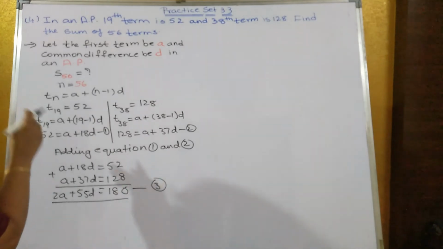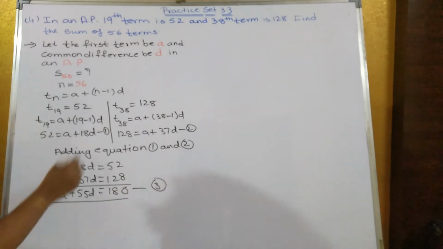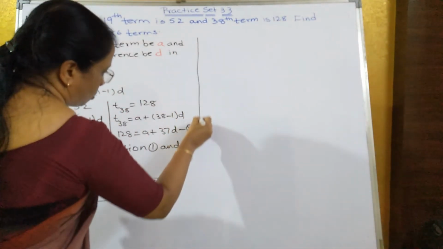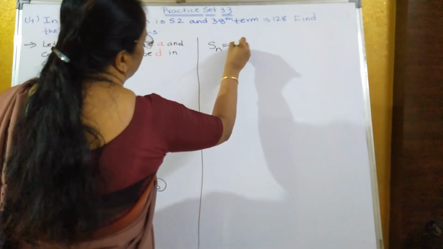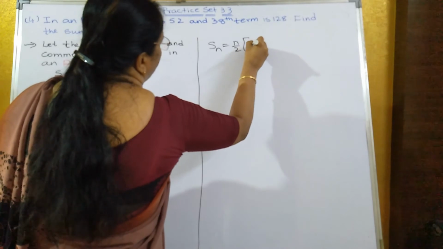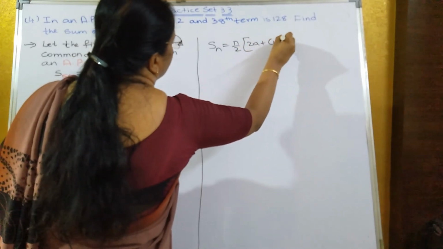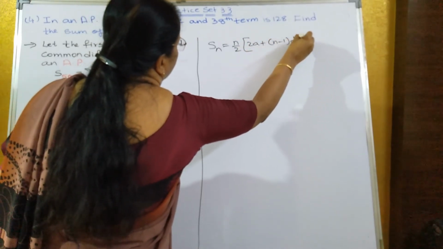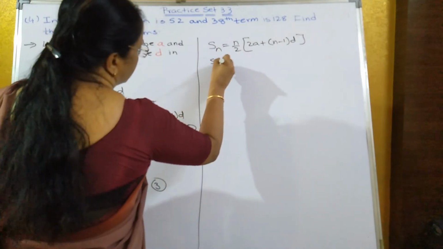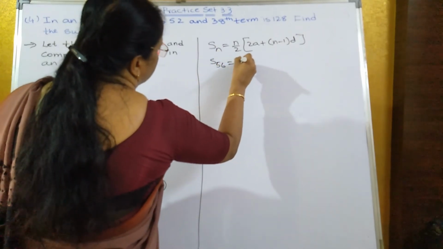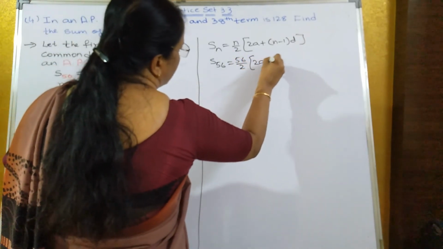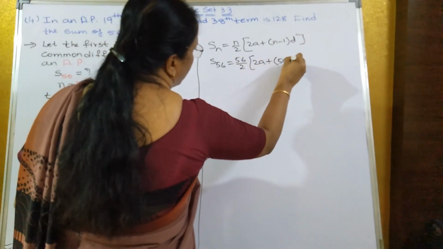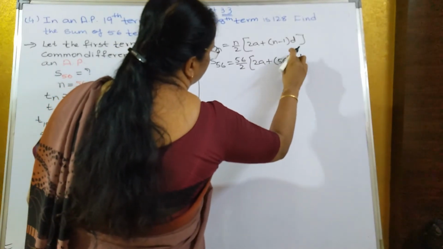Now find out S56. Now we know that Sn is equal to how much? Sn is equal to n upon 2 into 2a plus n minus 1 into d. So S56 is equal to how much? 56 upon 2 into 2a plus n is how much? 56 minus 1 into d.